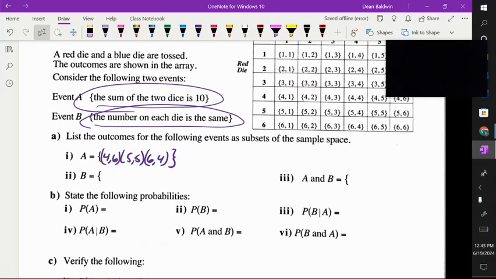Yeah. So there's 6 of those. Okay. What is the event A and B? They're in both of these. 5, 5 is the only one.